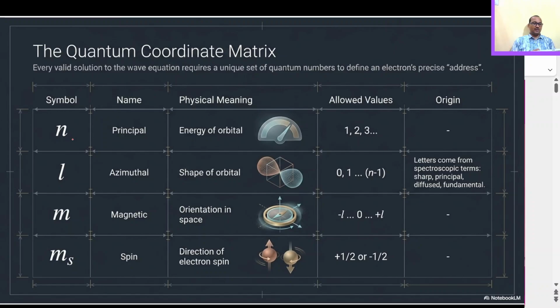The principal quantum number n tells us about the energy of the orbital, and the allowed values are 1, 2, 3, etc. L, the azimuthal quantum number, tells us the shape of the orbital, and values are 0 to n-1. And m, the magnetic quantum number, tells us about orientation in space, and the allowed values are -L to +L. Similarly, the spin quantum number tells us the direction of electron spin, so it can have only +half or -half.